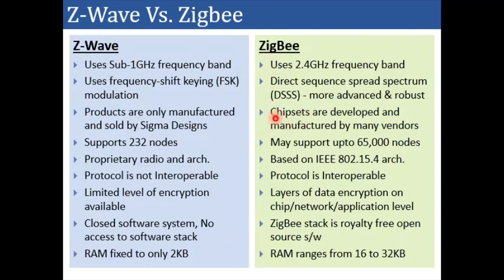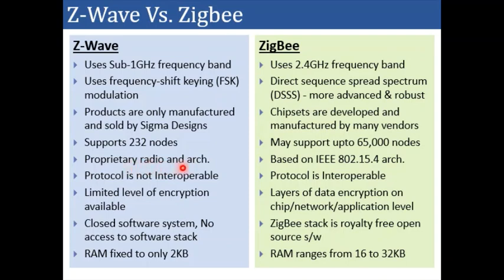Here, in case of ZigBee, the chipsets are developed and manufactured by many vendors, so it is not that monopolistic kind of solution as we see in case of Z-Wave. Z-Wave supports 232 nodes while ZigBee can support up to 65,000 nodes.